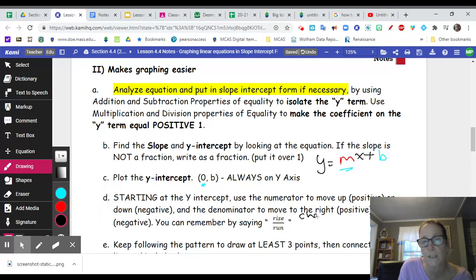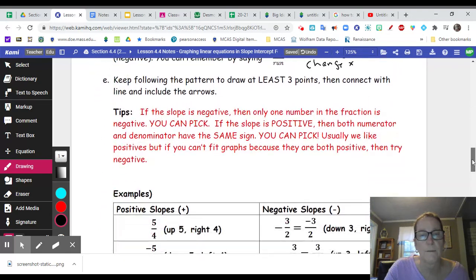It tells us how much the y goes up from point to point. And the run tells us the change in the x variable. And so we can just draw our new point by starting at the y-intercept and using those changes. So let me give you an example.